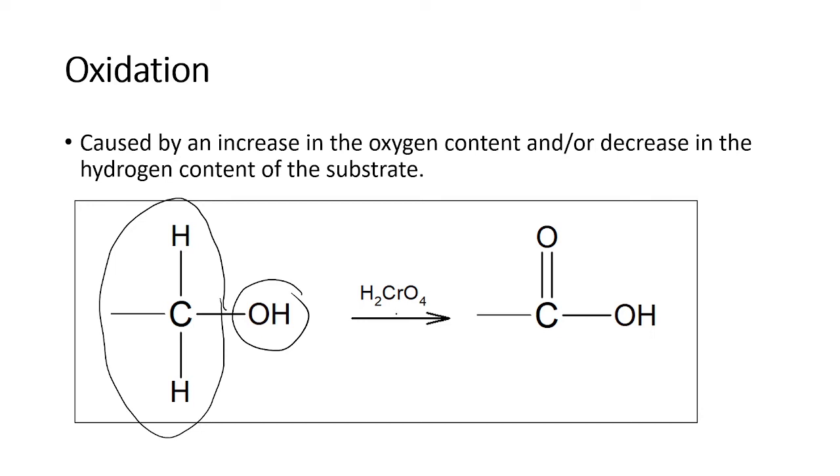and the presence of this excess oxygen introduces a change in our alcohol, forming what we call a carboxylic acid. One example of this may be, let's use methanol. For methanol, we have here CH3OH.